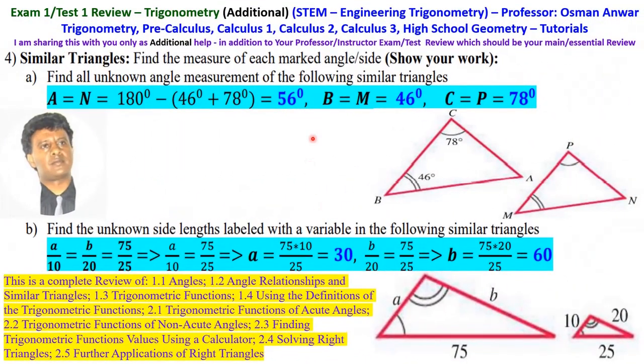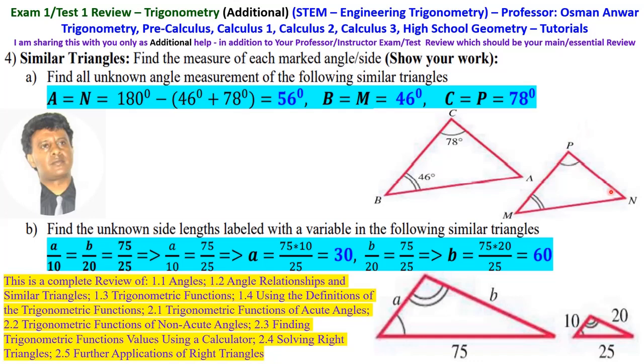This is similar triangles. Two similar triangles have equal corresponding angles, and their corresponding sides are proportional. So for A, you have triangle ABC and NMP.